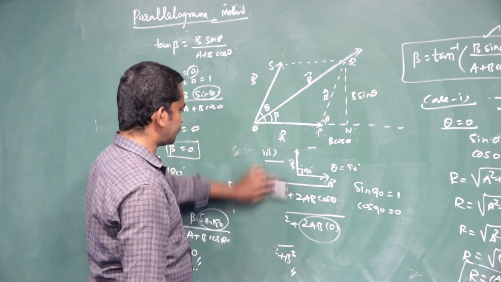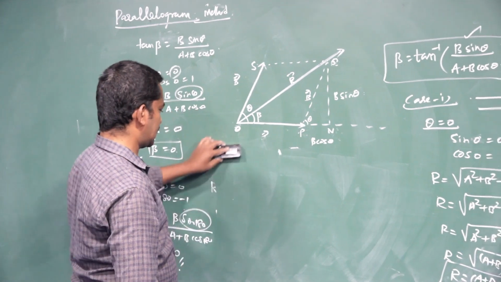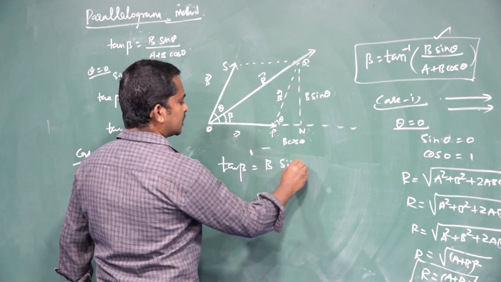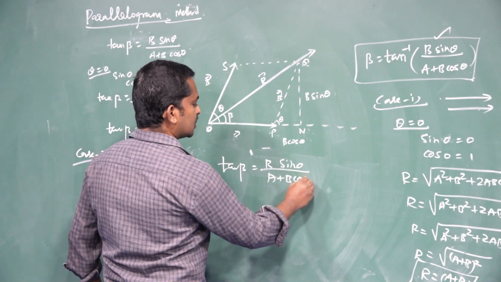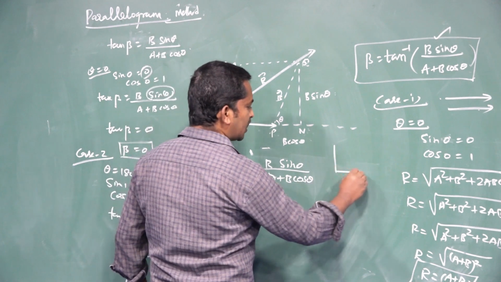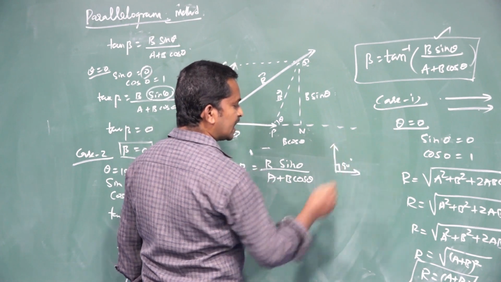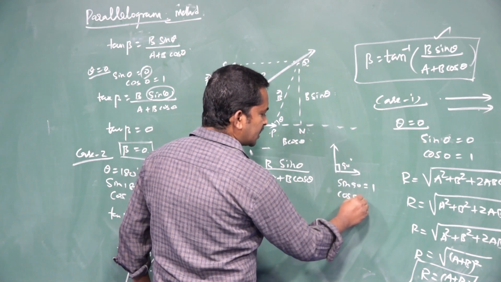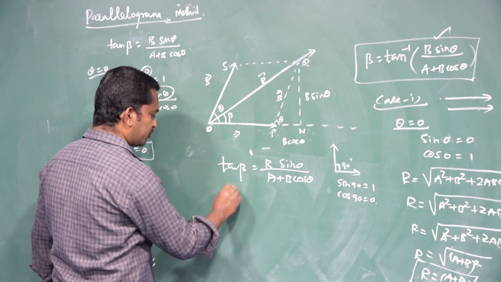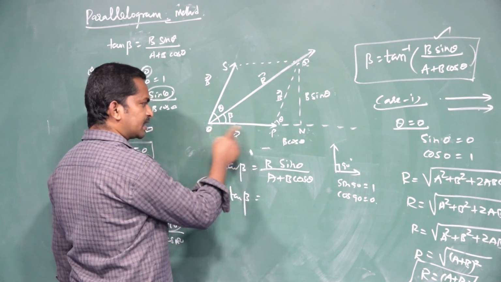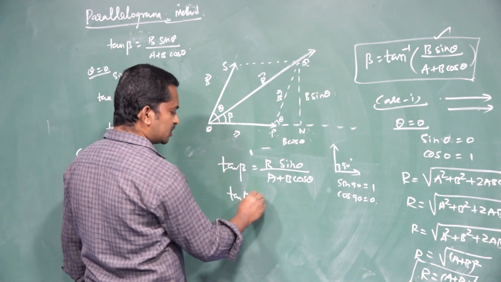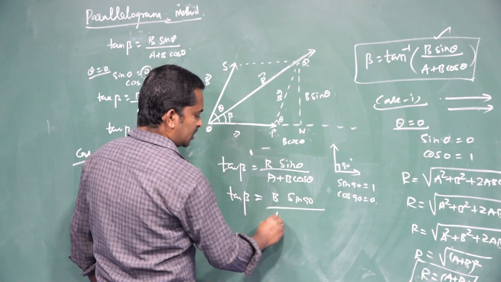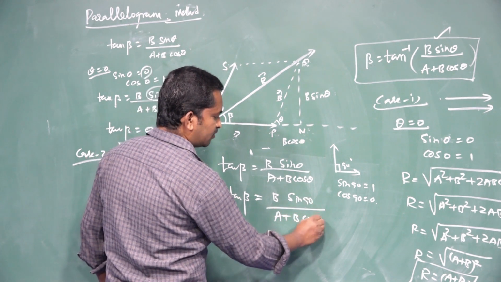Case 3. Tan beta is equal to B sin theta divided by A plus B cos theta. Case 3 is when two vectors are perpendicular to each other, 90 degrees. So sin 90 is equal to 1, cos 90 is equal to 0. So tan beta is equal to B sin 90 divided by A plus B cos 90.